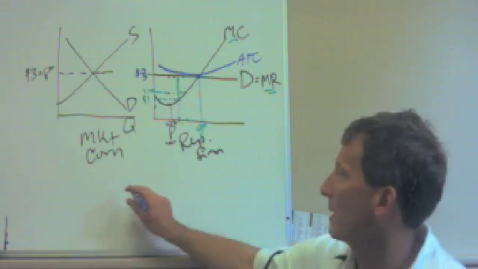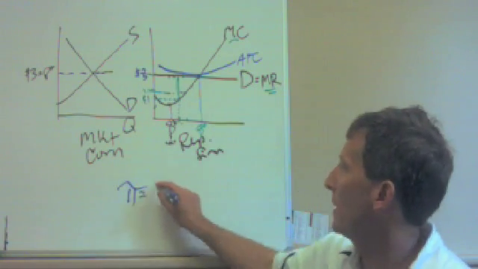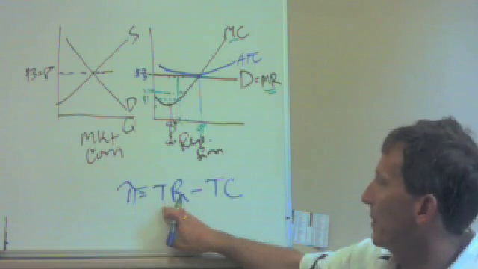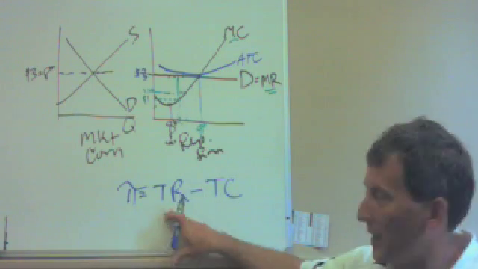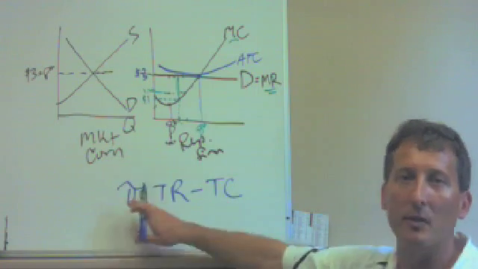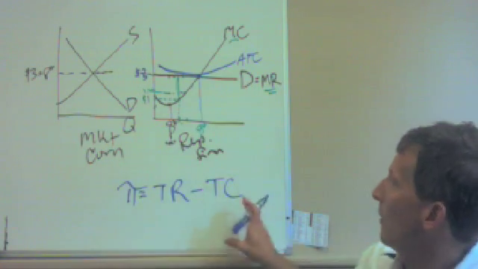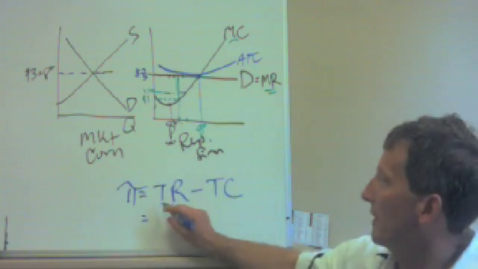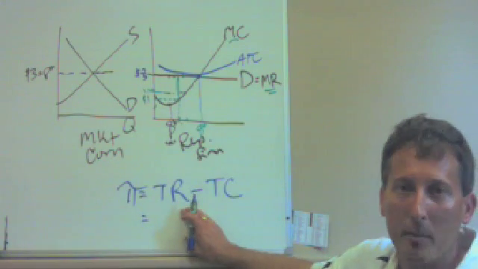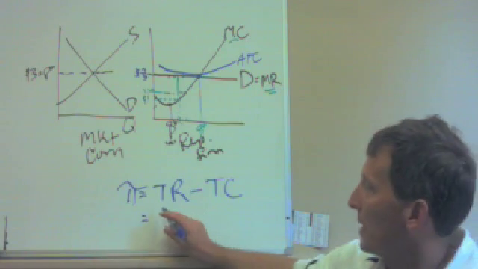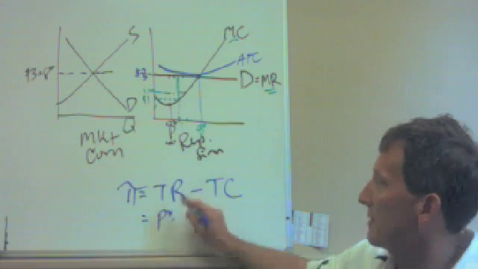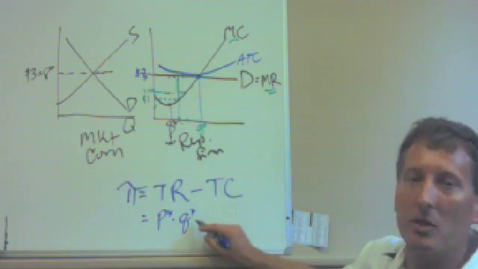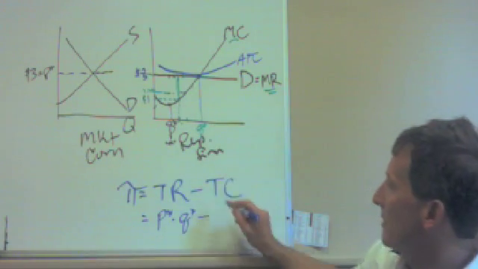So that brings us back to our basic profit equation of total revenue minus total cost. That's the bottom line for any business: how much money came in, how much money went out, the difference is profit. Well, we can use these numbers with the profit maximizing quantity. What's total revenue? It's the amount of money in the cash register: the price that we sold it at, which is the market price, times the quantity that we produced, Q star, minus the total cost.